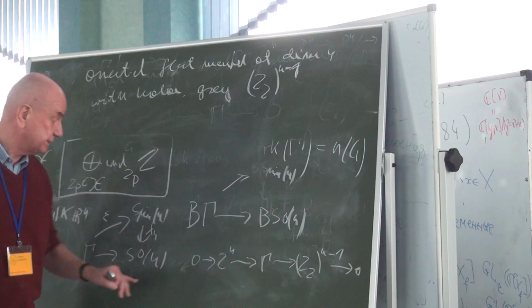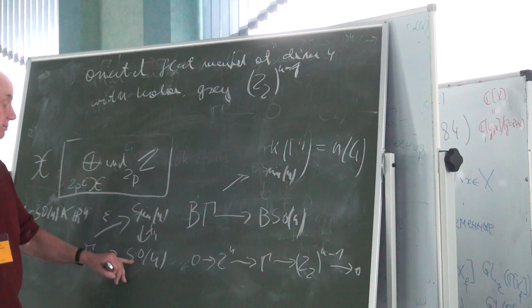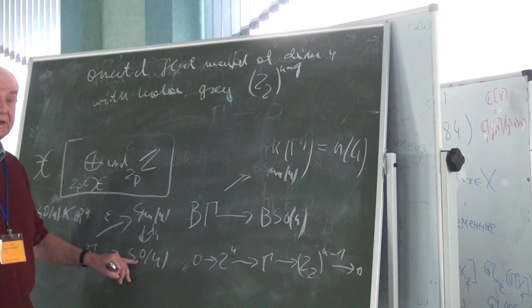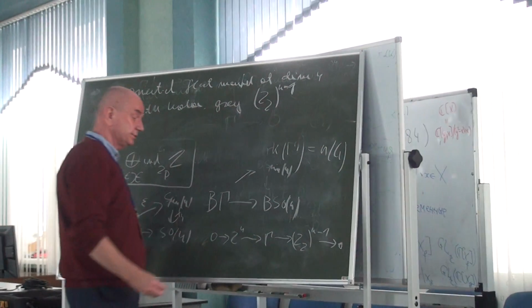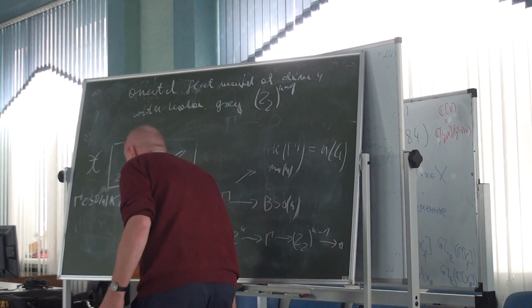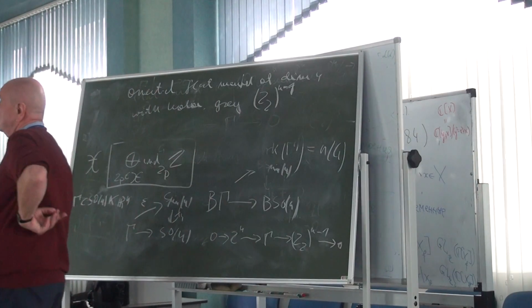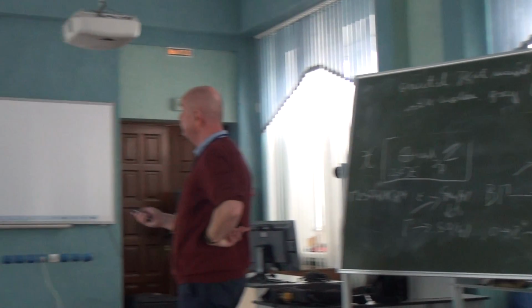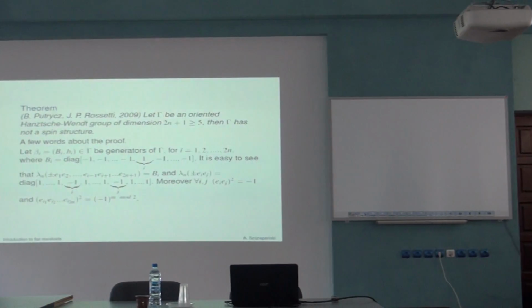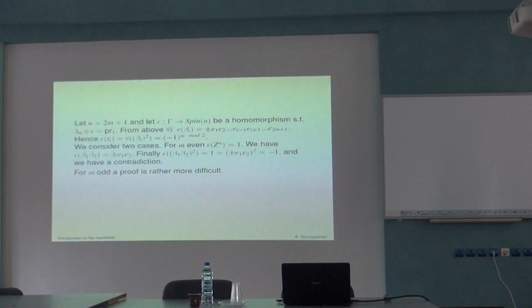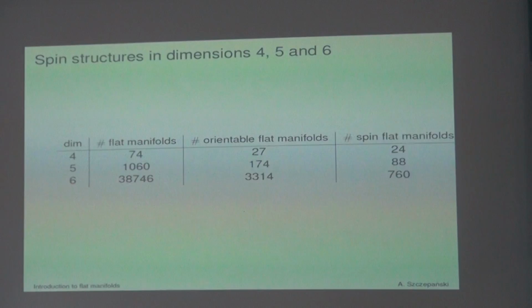That means that this group belongs to the central rotation group. So there is the definition. And in 97 they proved that they are not. And here is the sketch.